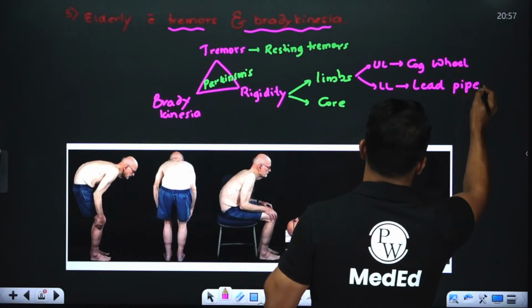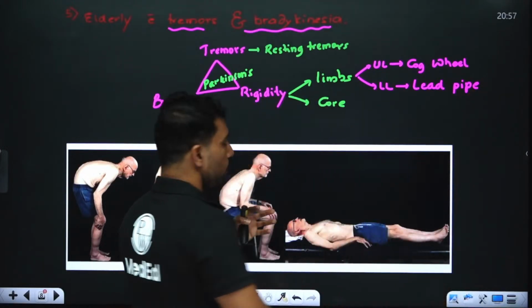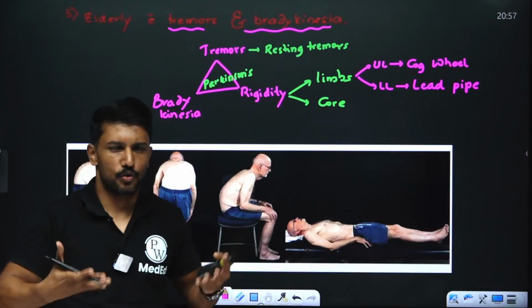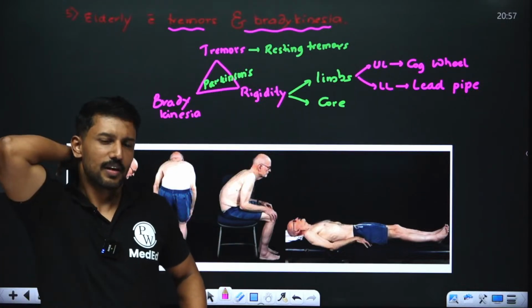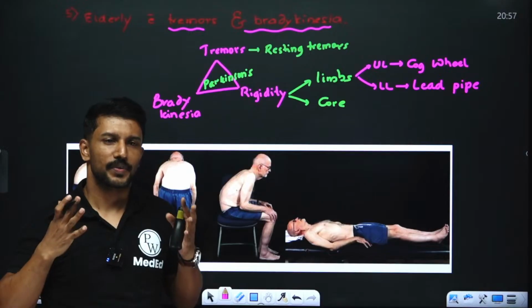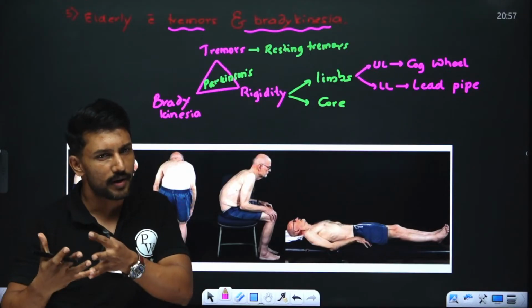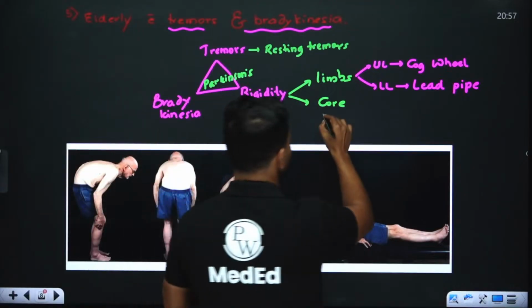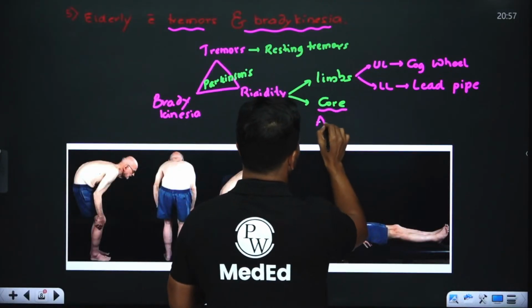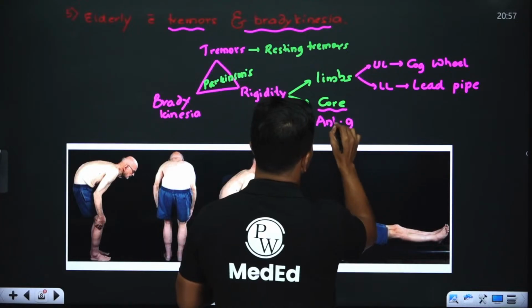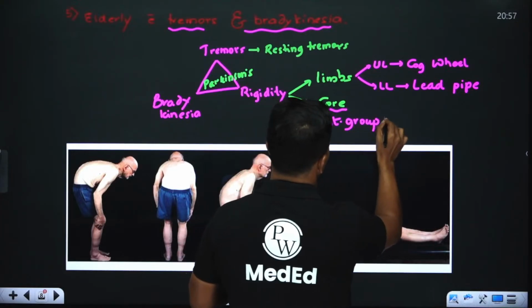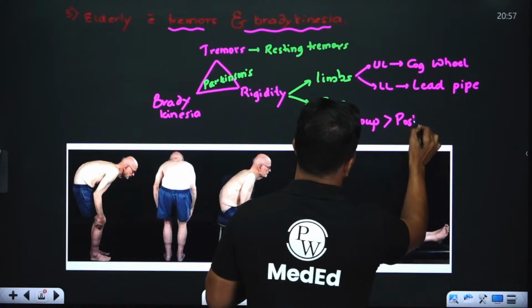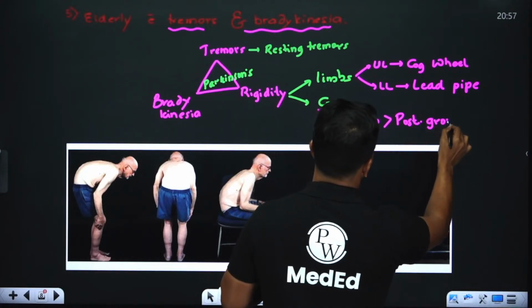Lead pipe rigidity. Now the muscles of the core, like the abdominal muscles, erector spinae and other back muscles, also have increased contraction in Parkinson's disease because of rigidity. But that increased contraction primarily affects the anterior group of muscles more than the posterior group of core muscles.